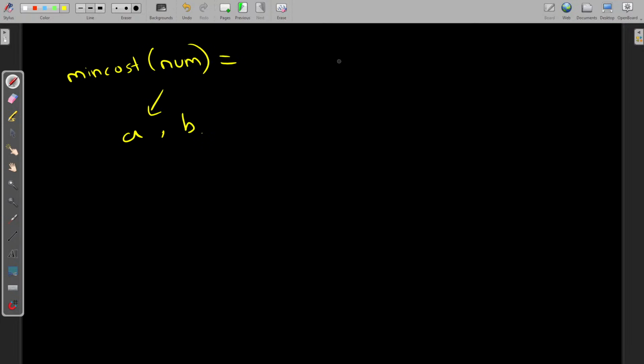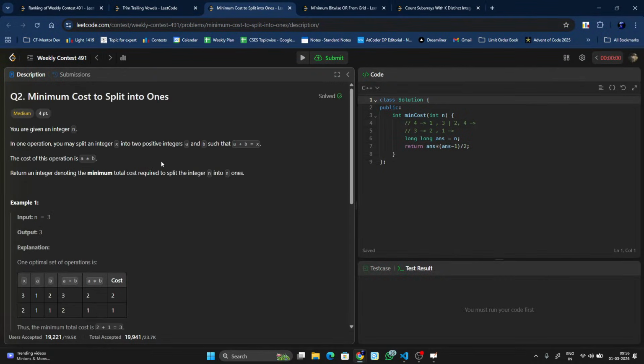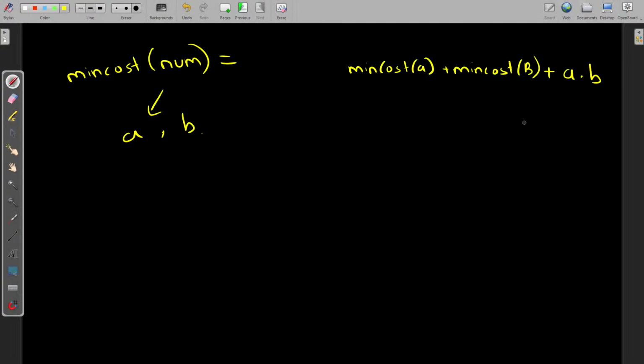Then it would be minimum cost for A plus minimum cost for B. That I will have to find out because that would get added up into the final answer. And the cost to split it into A and B was A dot B as mentioned in the problem. You can see over here, if we divide it into two numbers A and B, the cost is A times B. So this would be our cost.